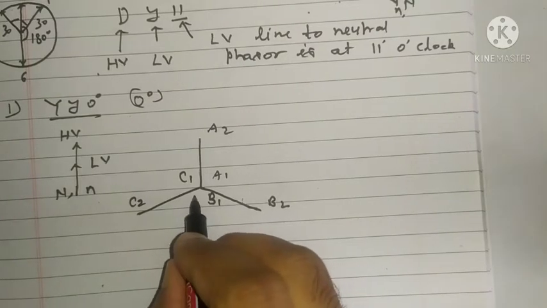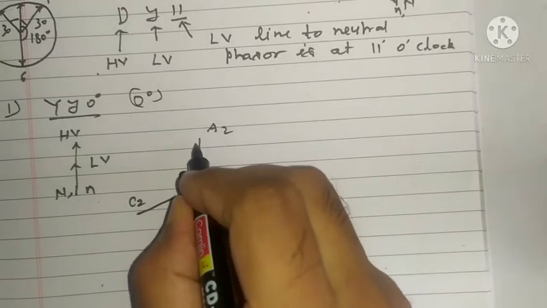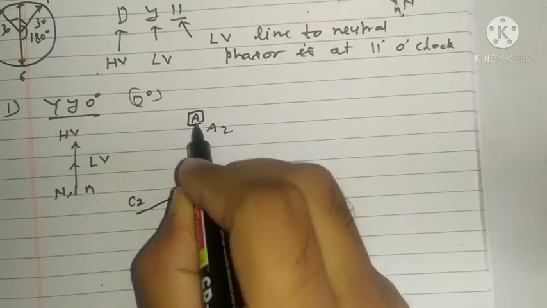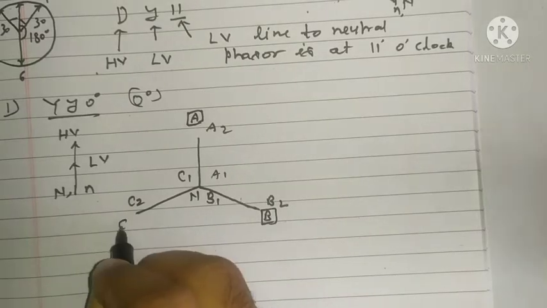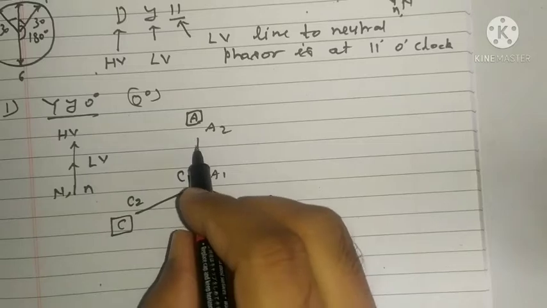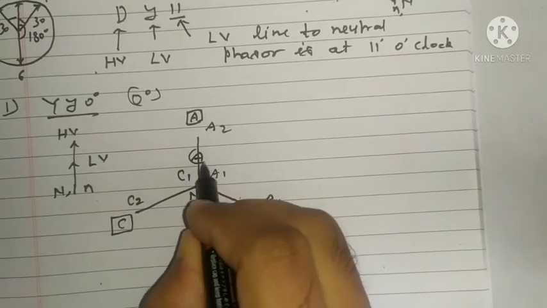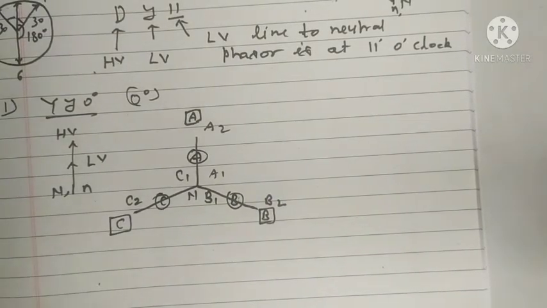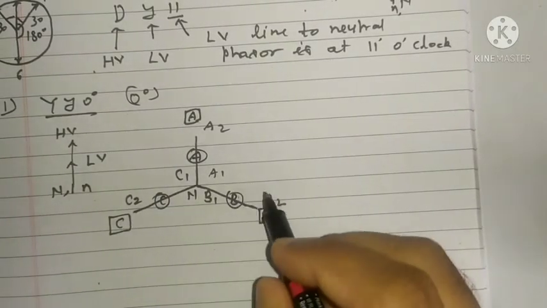And this terminal is neutral terminal. So this is the HV side, and these are the terminals brought out: terminal A, terminal B, and terminal C. And we will write here arms also, that is branches. It is A arm or branch, it is B arm, and it is C arm, right? Because they will be helpful for drawing LV side or secondary side.